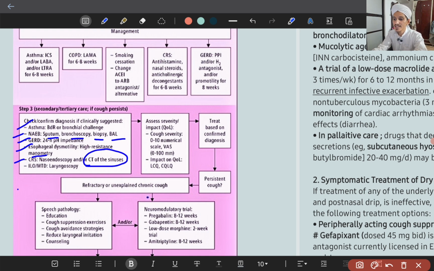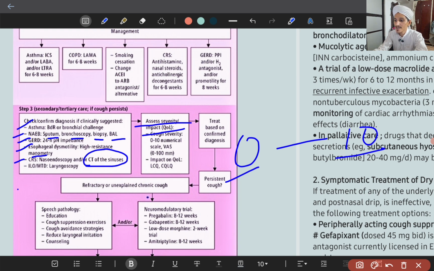Again, if nothing is found and the cough is distressing and persistent and interfering with the life of the patient, you grade the severity of the cough, like the visual analog scale from 0 to 10, being 0 for no cough, 10 for very severe cough.